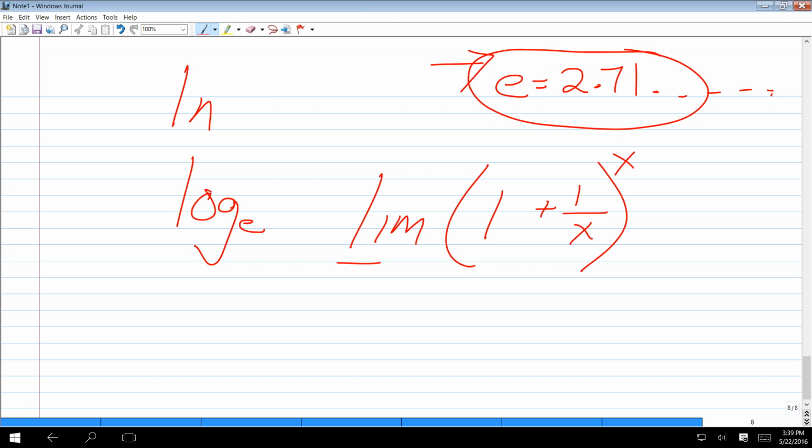I know you don't know what limits are, but if you took this quantity over here and you let x approach infinity, in other words, keep getting bigger and bigger, what number would you think it would go to? Notice that inside the parentheses it's getting closer and closer to 1 as x gets big.